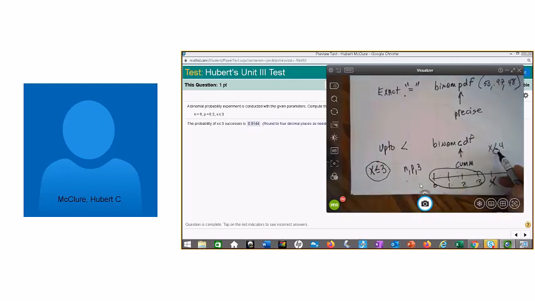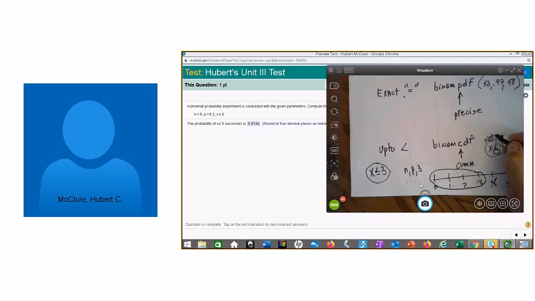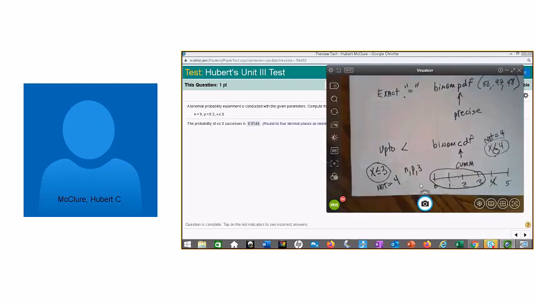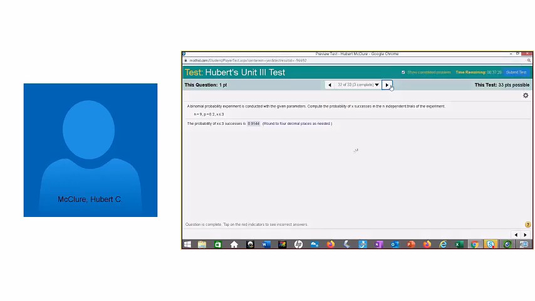Those two are the same because this one is not inclusive of 4 and this is not equal to 4. So these are the same. You would use cumulative binomial CDF. And that's it.